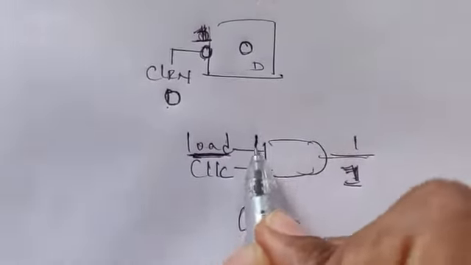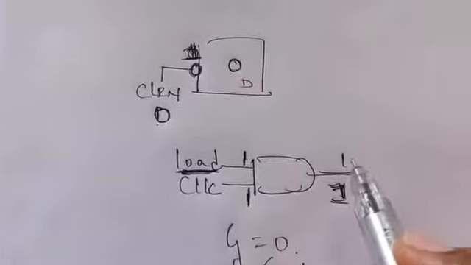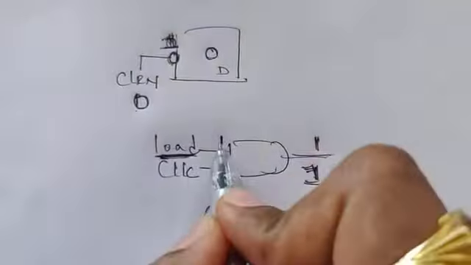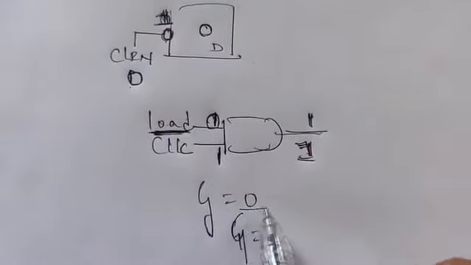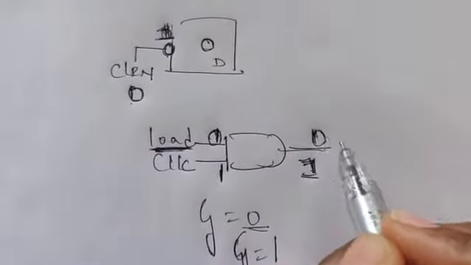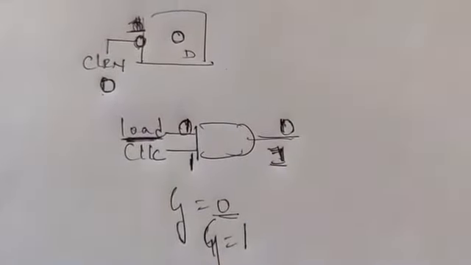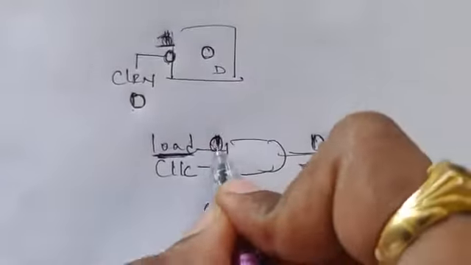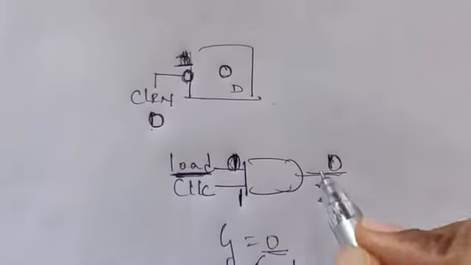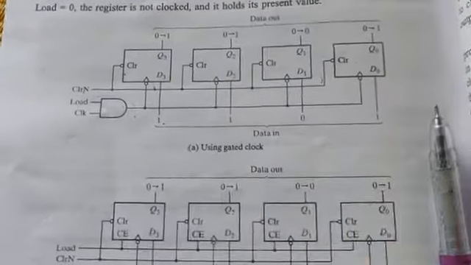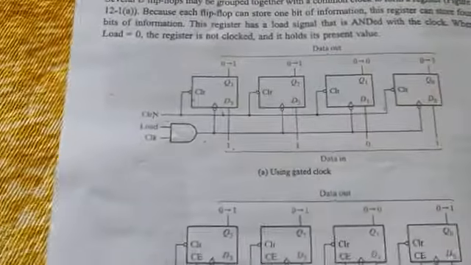When load is 1 and the clock is 1, the output will be 1 and the clock pulse will be applied to all the flip-flops. If the load gets 0, the output will be 0, the clock pulse won't be applied to any of the flip-flops, and the operation won't be performed. When the load is 1, the operation will be performed. This is how it performs the operation.